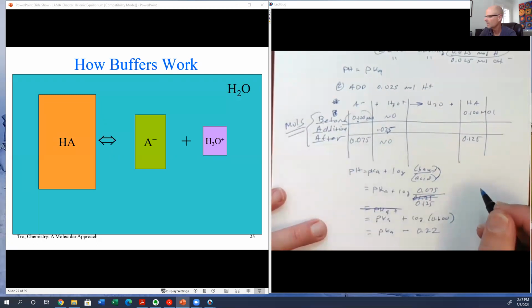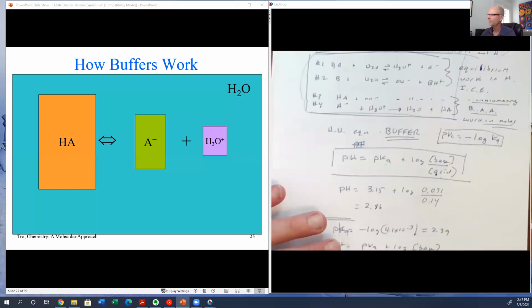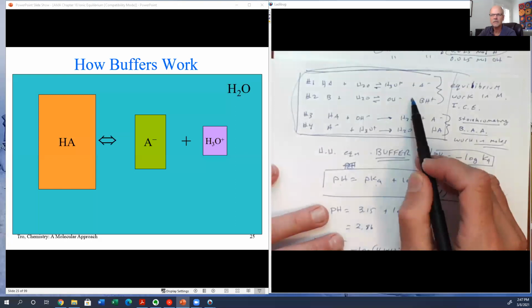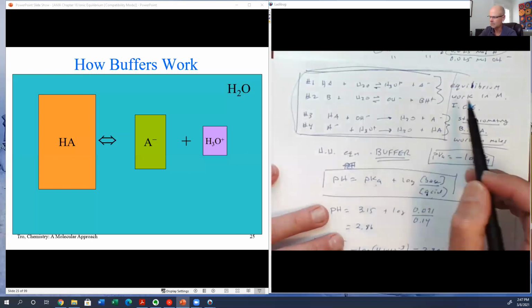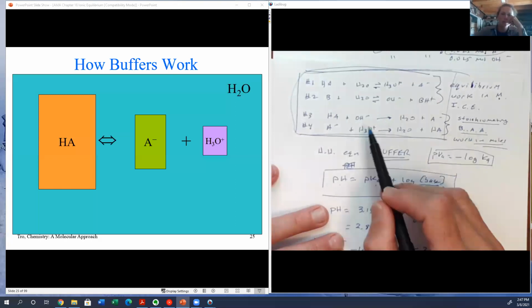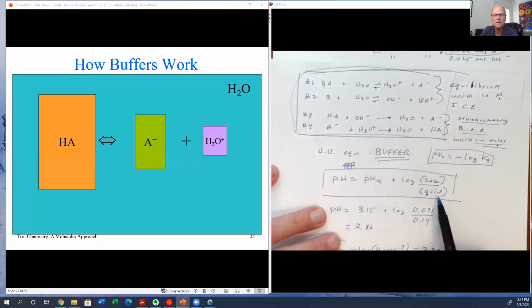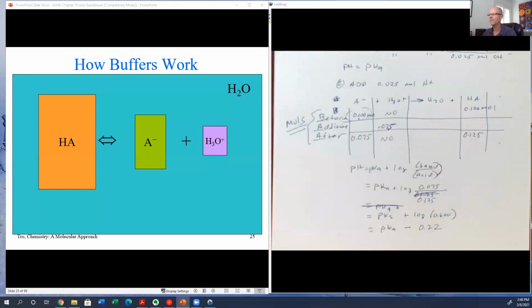So if we go back to our 4 equations, these two, you're always going to work in what? Molarity. These two, you're always going to work in moles. Henderson-Hasselbalch equation, either one. All right, very good.